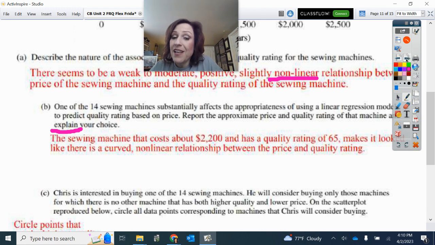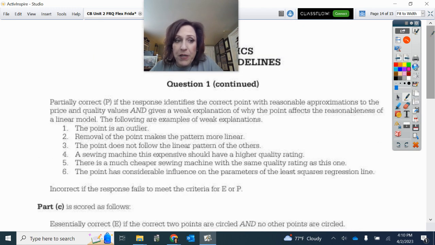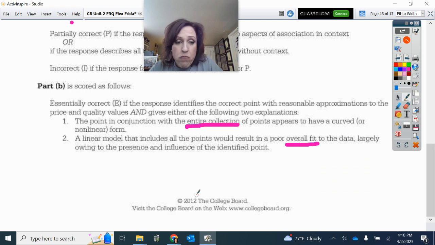Now, let's look at getting credit for this problem, because this is where it could be tricky. To get full credit for part B, you had to say that the point with the rest of the data appears to give a curved, nonlinear form. So of course you identified the correct point and then gave that explanation.